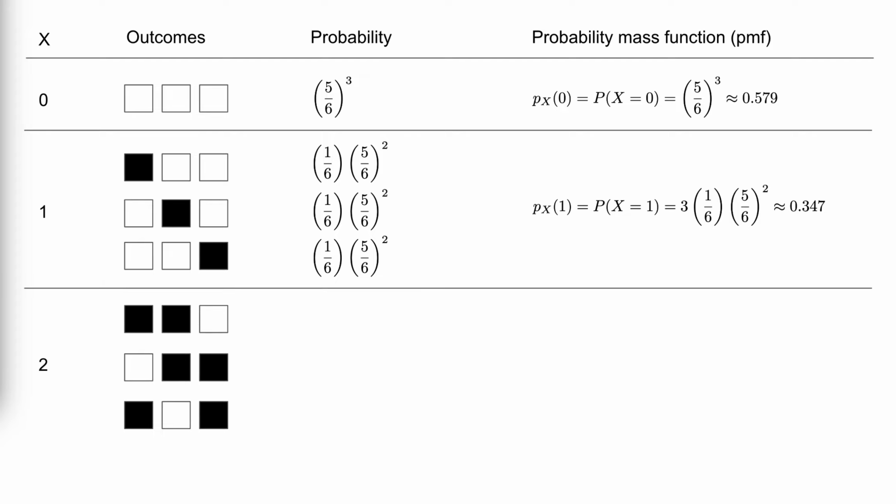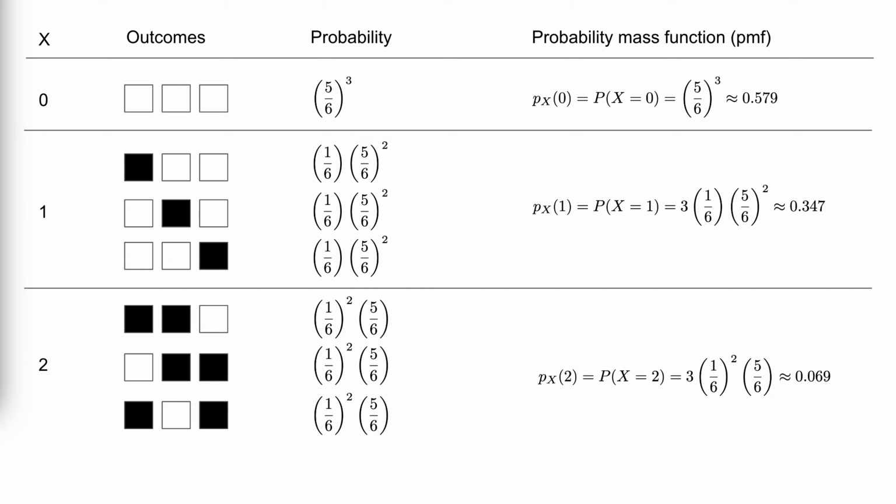Similarly, there are 3 scenarios in which we might observe 2 6s. Only the first 2 rolls are 6s, or only the last 2, or only the first and last roll are 6s. The probability of any one of these sequences is 1/6 squared times 5/6. Overall, then, the total probability that x equals 2 combines these 3 scenarios.